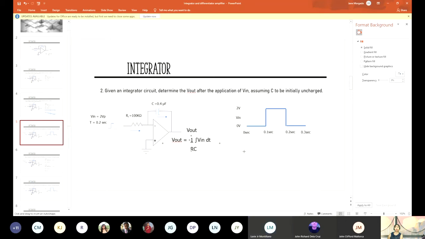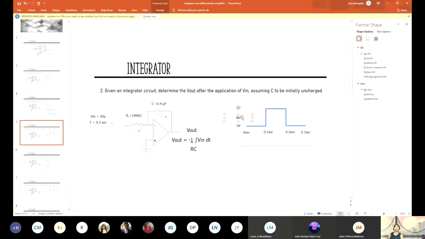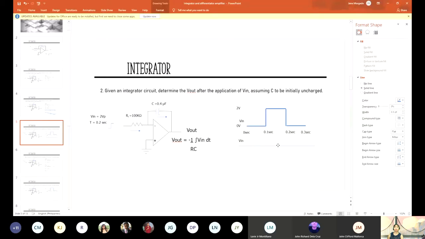Okay, so now let's graph. Let's graph the V out. If you have any questions, please feel free to ask.